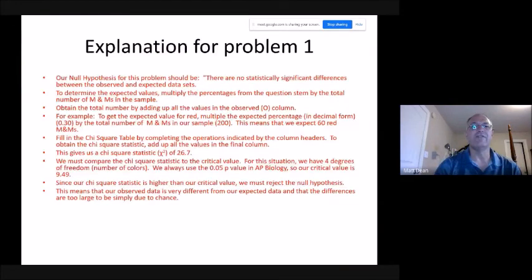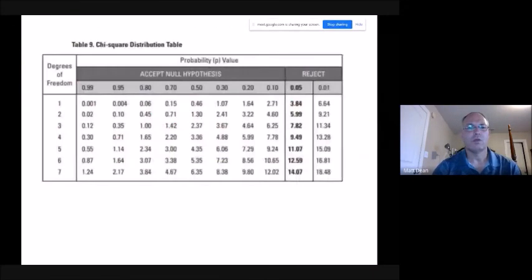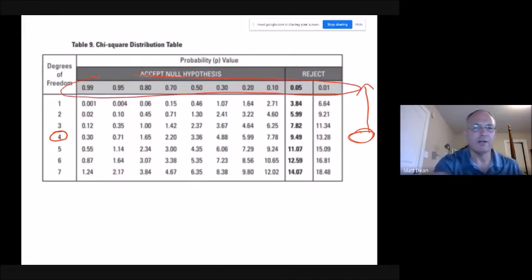Let's look at a slightly different kind of table here. In this case, to use this table, you're first of all going to go to your degrees of freedom, which in this experiment was 4. And you're going to try to find your calculated chi-square statistic within this row. So our chi-square statistic was 26.67. So it would have been somewhere way over here, right? Past 13. And then we would go up, and from this row, read the p-value.